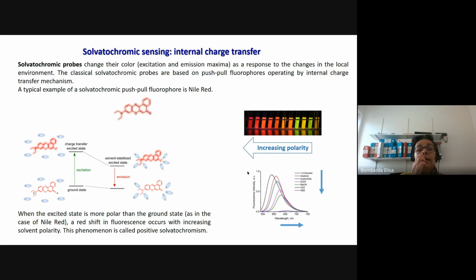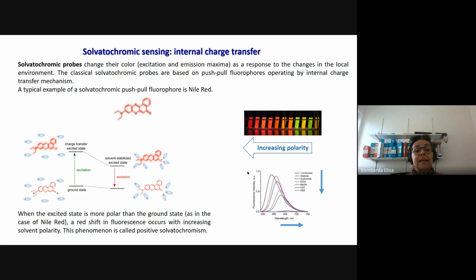Another one, there are also some other probes. These are the solvatochromic probes that change their color, as I said, as a response to the change in the local environment.